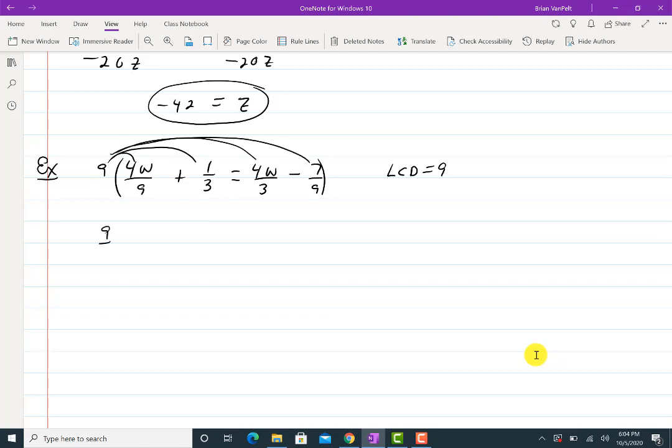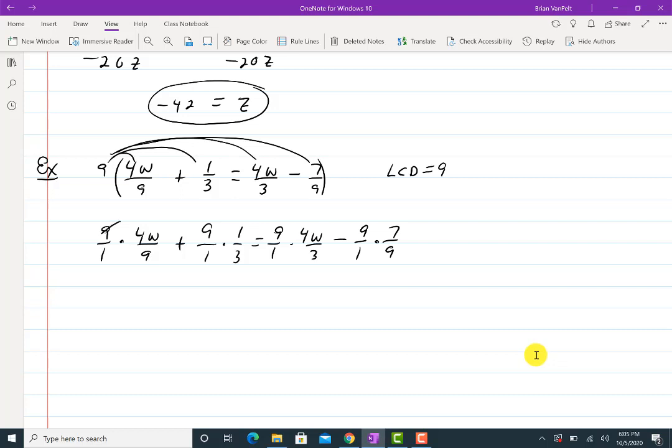So I get 9 over 1 times 4w over 9 plus 9 over 1 times 1/3. Then 9 over 1 times 4w over 3. And finally, minus 9 over 1 times 7 over 9.